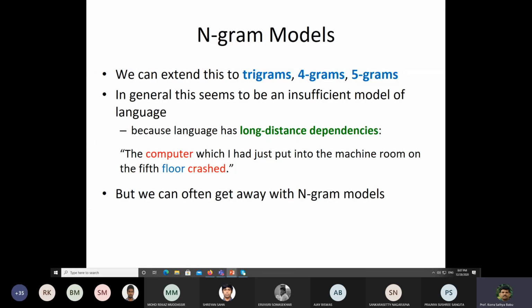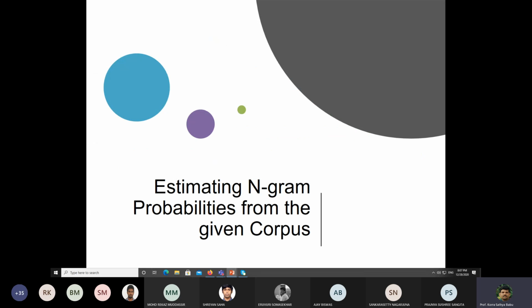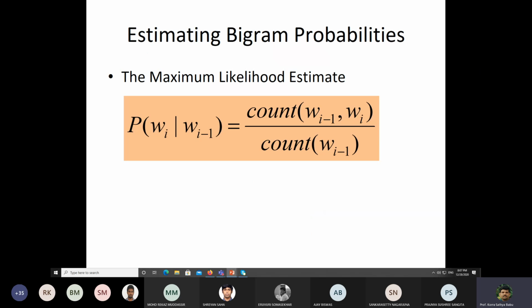So how do we estimate the n-gram probability from the corpus? Earlier, as we have seen, we use the maximum likelihood estimate. The probability of Wi given Wi minus 1 is equal to the count of Wi minus 1 followed by Wi, divided by the count of Wi minus 1.